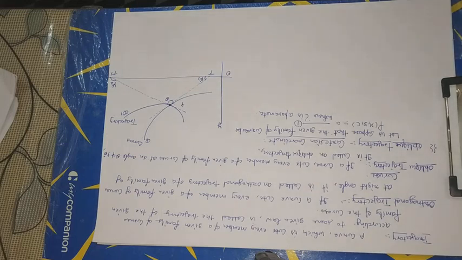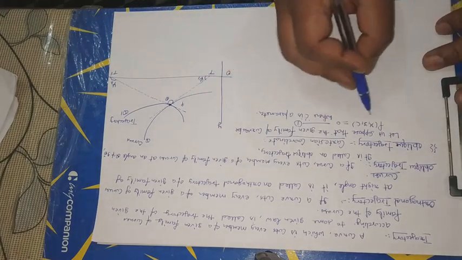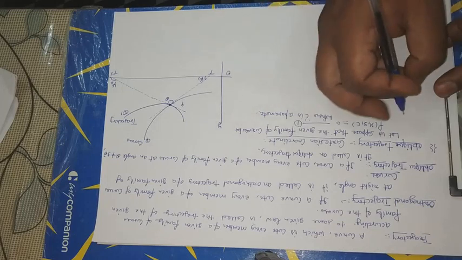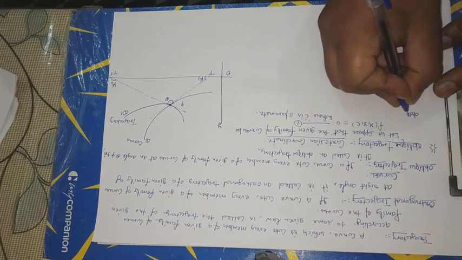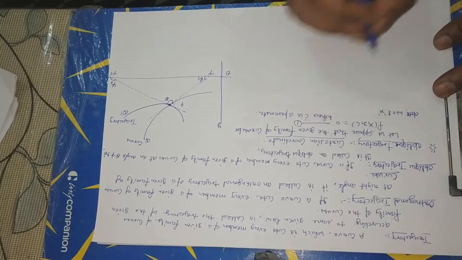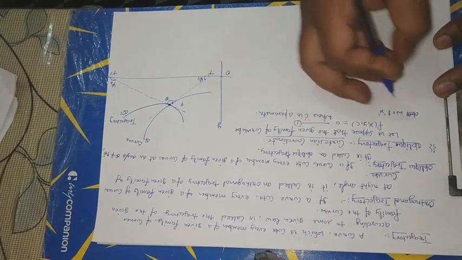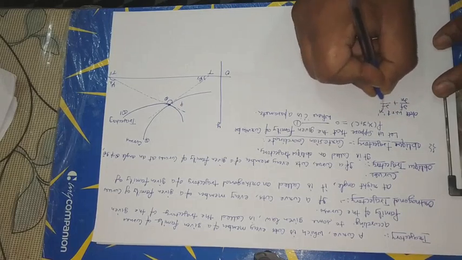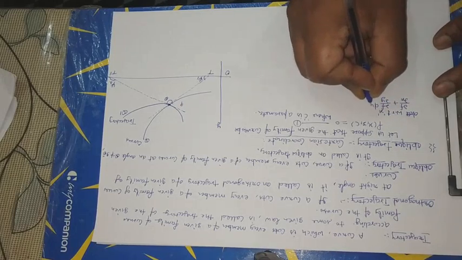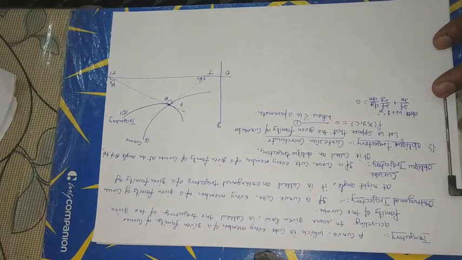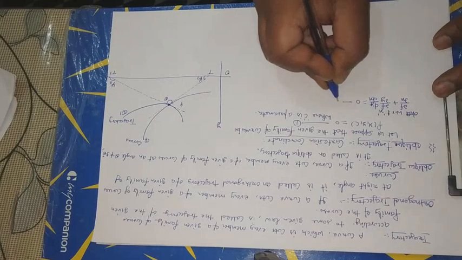Now differentiate the family of curves with respect to x. We get del f upon del x plus del f upon del y times dy upon dx equals 0. This is represented by equation number 2.